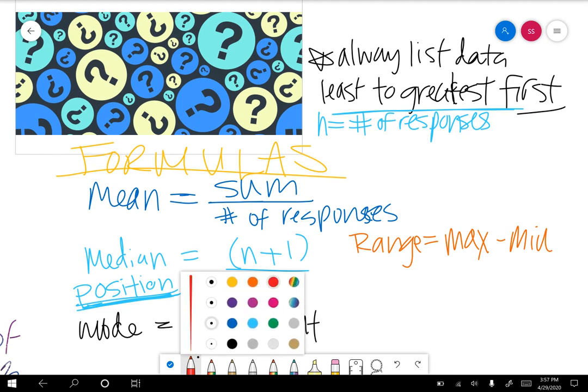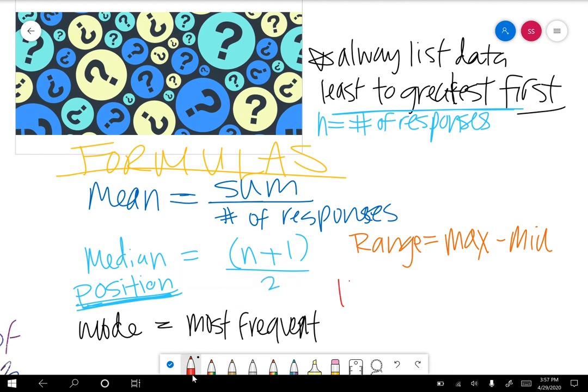And very much related, the IQR, the interquartile range, the middle 50% of the data, the range of the middle 50%, is your Q3, which is your median of the upper half, minus your Q1, the median of the lower half of your data. Okay, there's all your formulas.